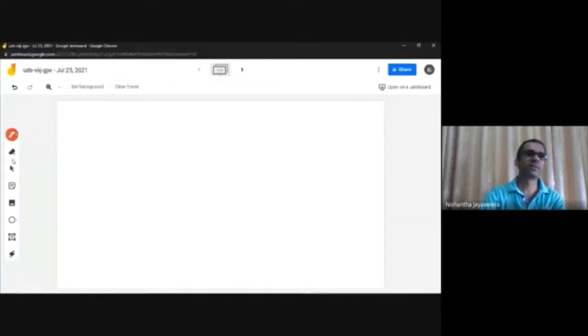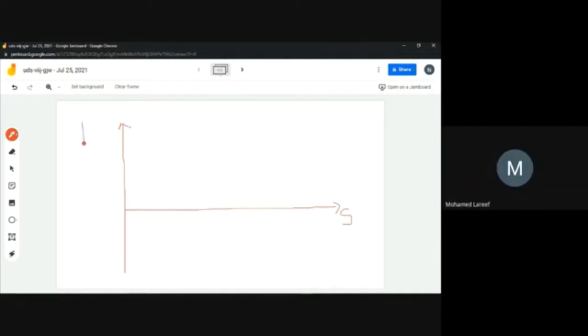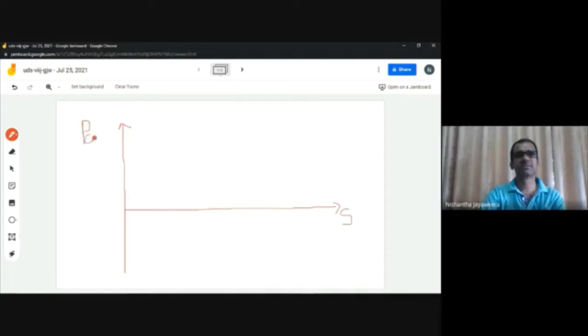Can you see this? Yes, sir. Okay. On the expiry date, this spot price is on the expiry date.